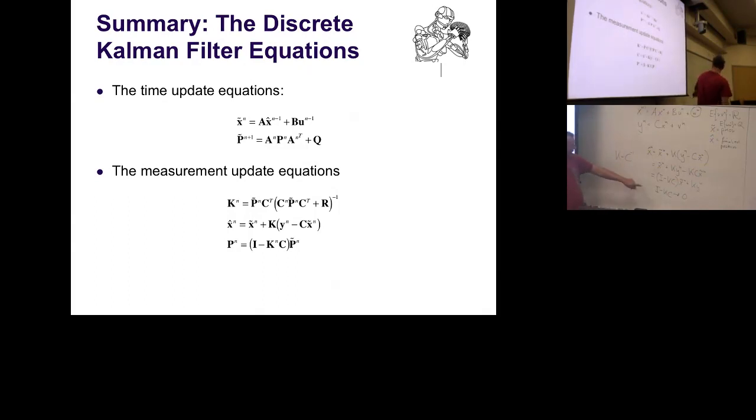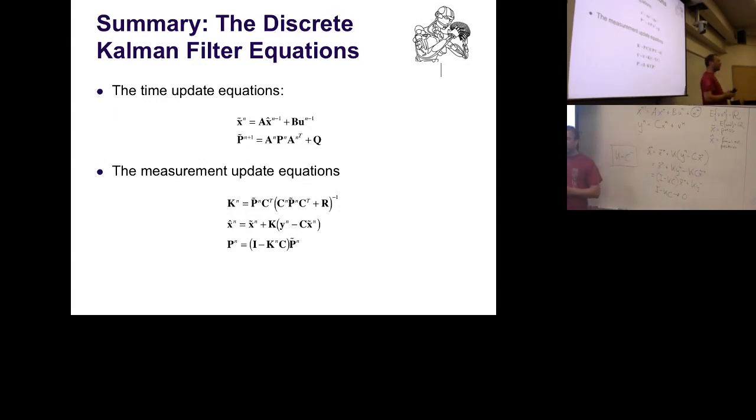If that is the case, then I plug in C minus 1 here. C minus 1 times C is identity. Identity minus identity is 0. That is one way. If you can invert C, you can also invert it in a pseudo-inverse way. That's how to remove any dependence on your model and completely depend only on your measurements.